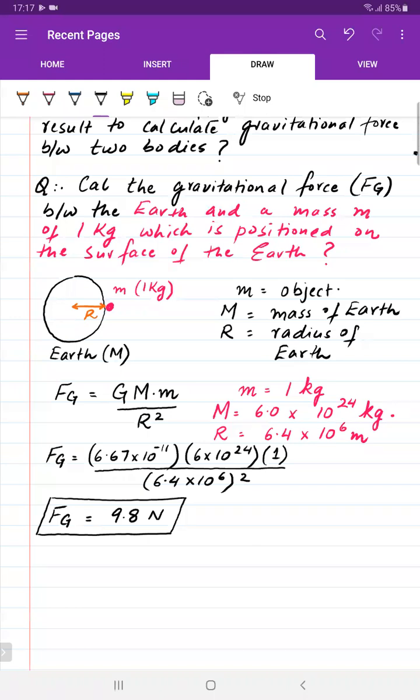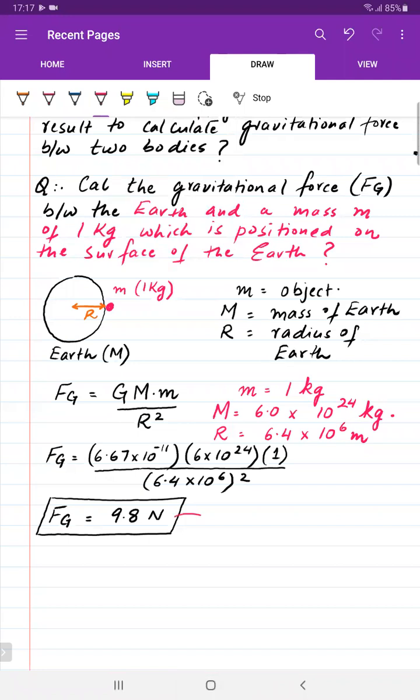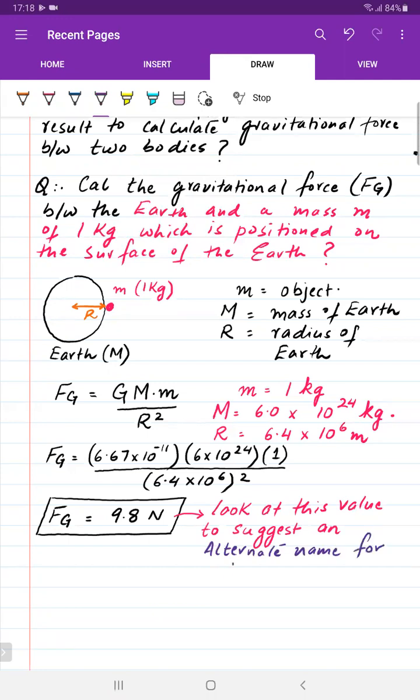Now do recognize that if I were to ask you look at this value to suggest an alternate name for gravitational force.